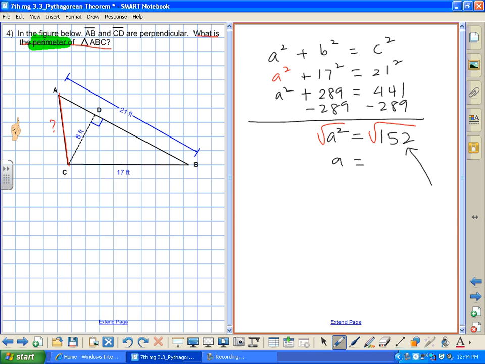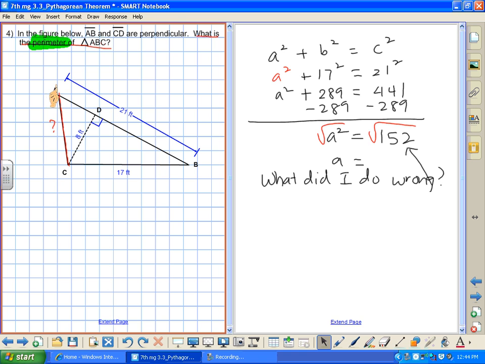Here's the thing. What did I do wrong to begin with? What I did wrong was I can't apply this formula here. Why not? The Pythagorean theorem is only for right triangles.